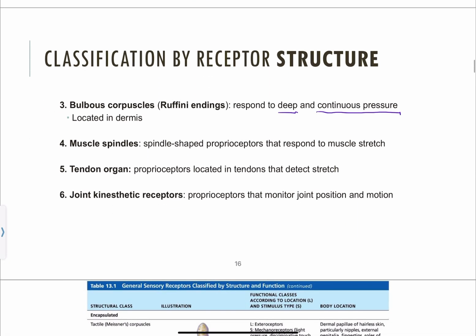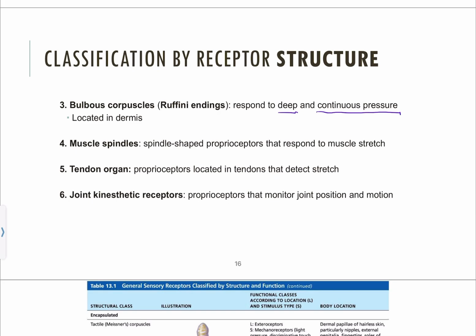Muscle spindles are proprioceptors, the ones of the body's movements that respond to muscle stretch. The fifth receptor that belongs under encapsulated is your tendon organ. These are also proprioceptors that detect movement, specifically located in tendons, detecting stretch.